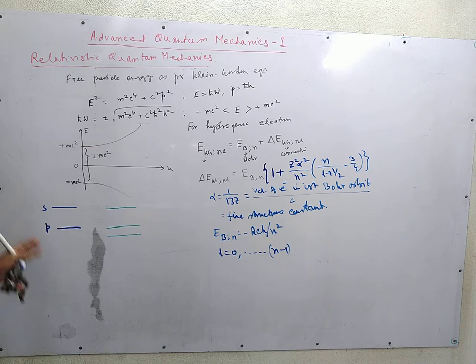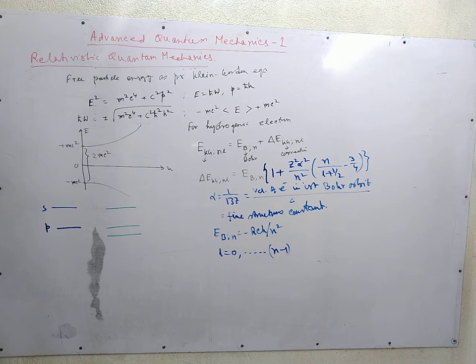This splitting of energy levels is due to the relativistic effect. As we shall see in our next lecture, when we include relativity, certain effects are included in the theory.